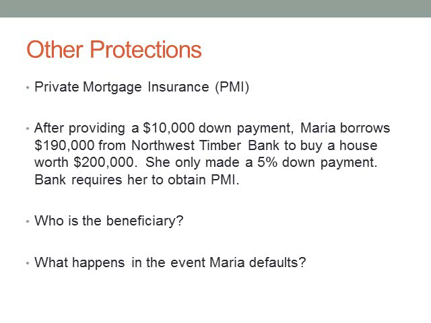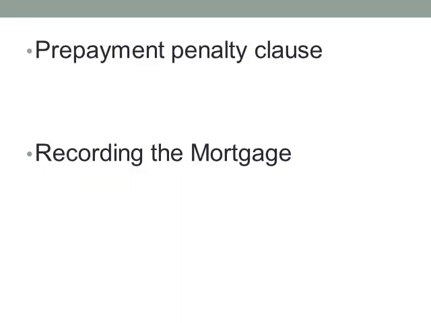Not Maria. Maria would have to name the bank as the beneficiary, because in the event that Maria defaults, what can the bank do? Exercise their right to be the beneficiary on that insurance or pay for any default. So that's how the private mortgage insurance works.